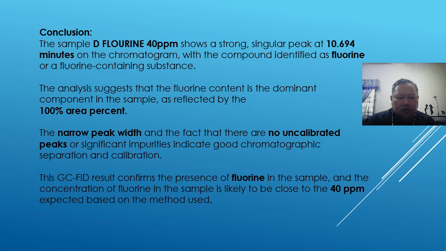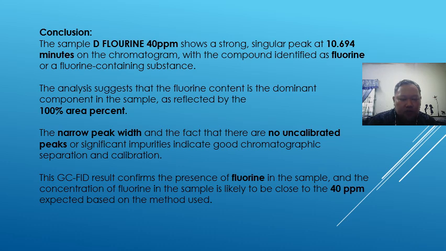Next is the conclusion for 40 ppm. The sample defluorine 40 ppm shows a strong singular peak at 10.694 minutes on the chromatogram, with the compound identified as fluorine or a fluorine-containing substance. The analysis suggests that the fluorine content is the dominant component in the sample, as reflected by the 100% area percent.